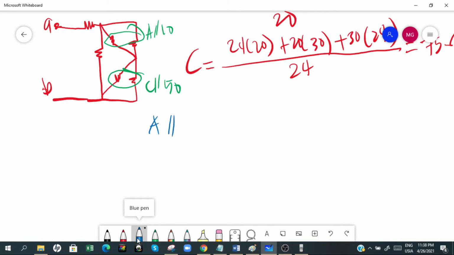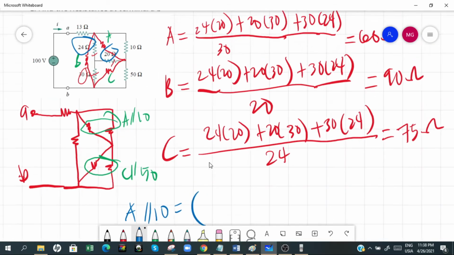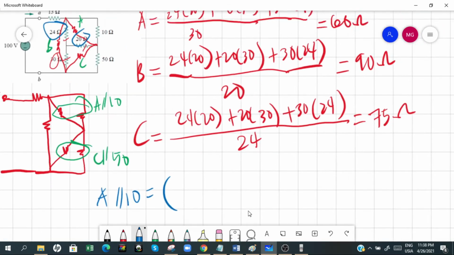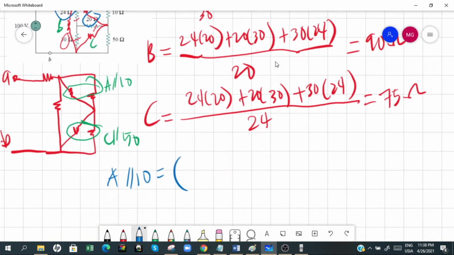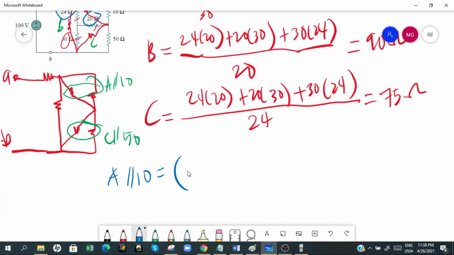A parallel 10: A is 60 ohms, then 10 ohms for the other resistor.